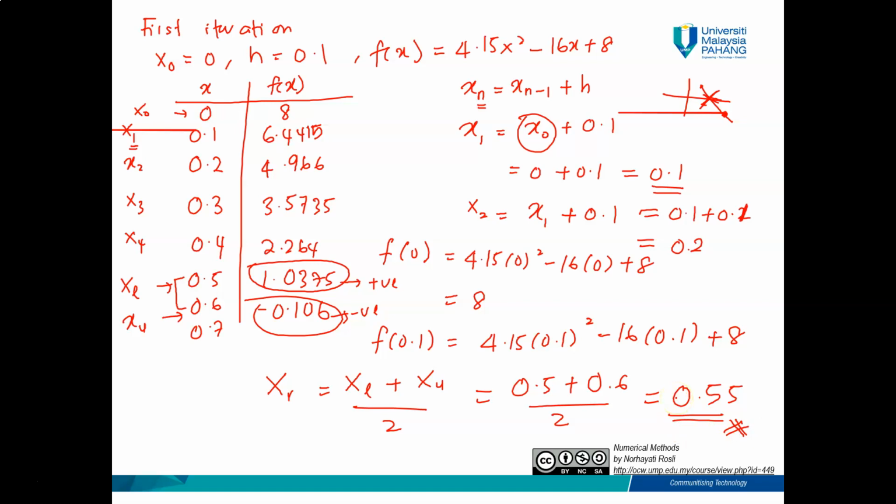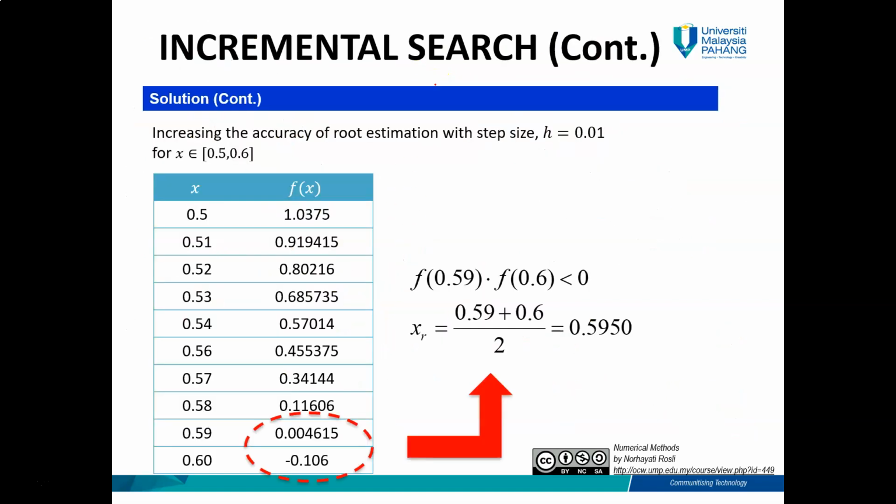But the question asks you to do the third iteration. Means that this is the first iteration, you are not yet complete. You need to go to the second iteration. When we go to the second iteration, you can increase the accuracy of the root estimation by making your step size smaller.